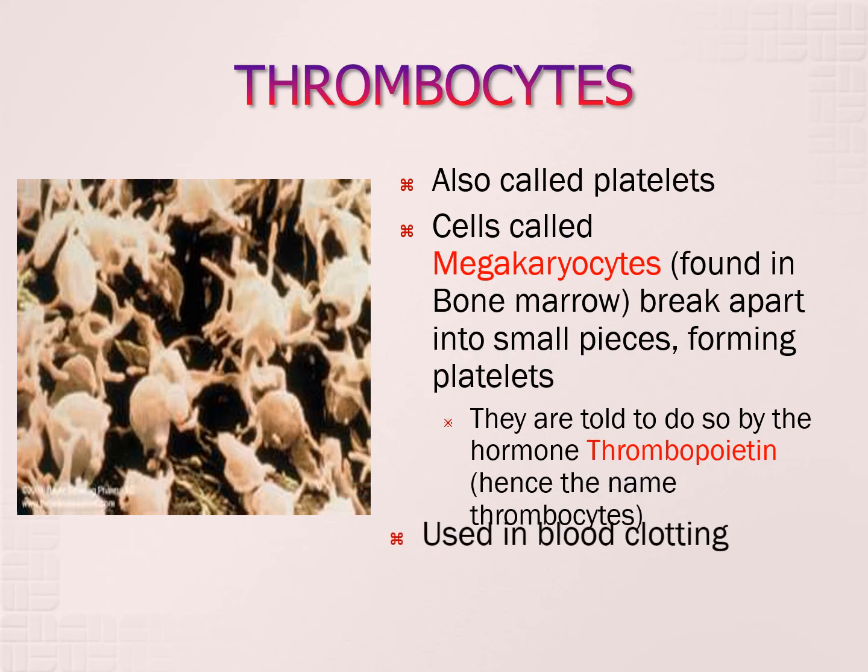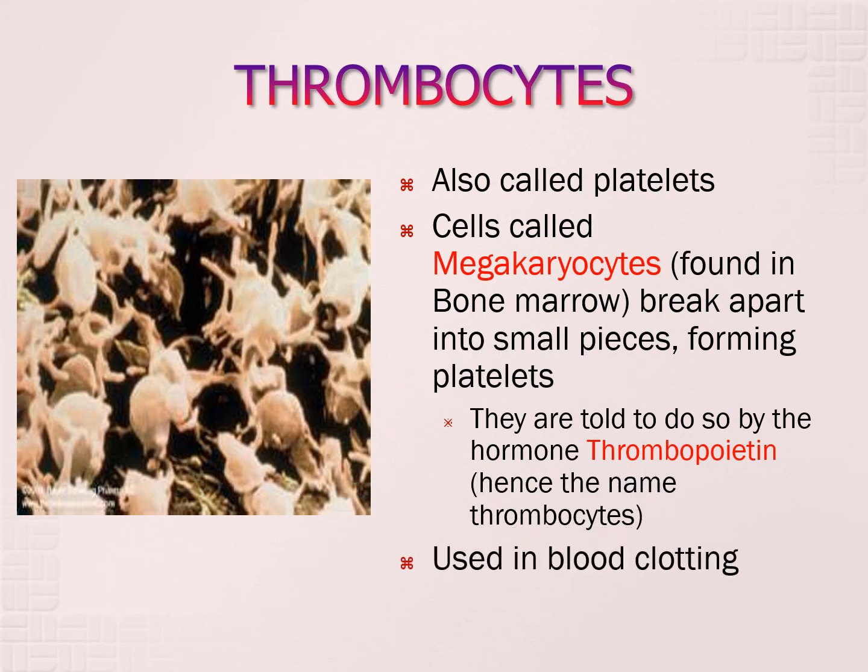Now, the whole purpose of these is to be used in blood clotting. The only time you should form a blood clot is when you have damaged a blood vessel. It would be like you having a garden hose and you got a hole poked in it and water starts squirting out through the hole. Well, you guys know we can take duct tape and we can wrap it around the garden hose in order to stop that flow.